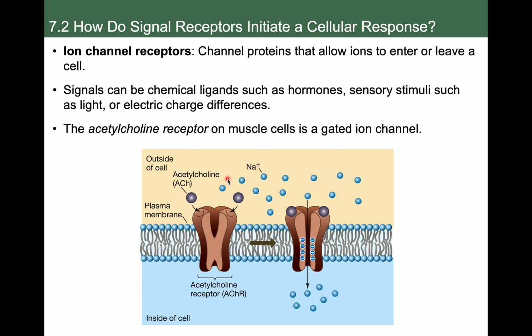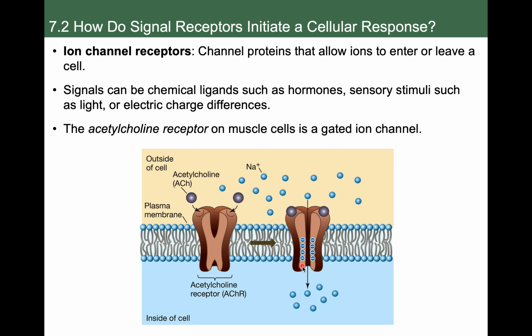Your brain sends a signal down that nerve that is intended to cause this muscle to begin contraction. That nerve ending will release the neurotransmitter acetylcholine, which will diffuse across the synapse and bind to these receptors on the muscle cell. So this would be an example of paracrine, short distance signaling.